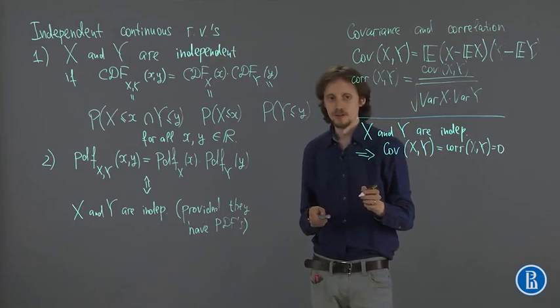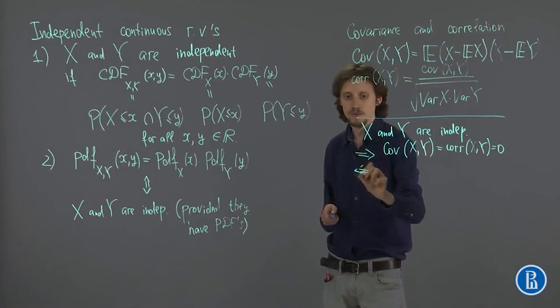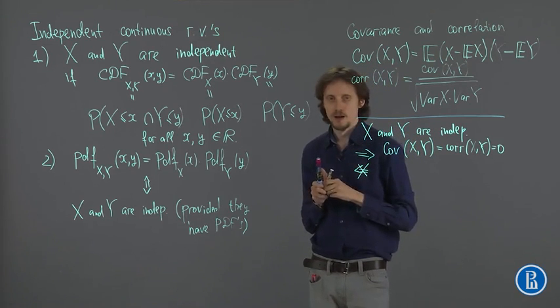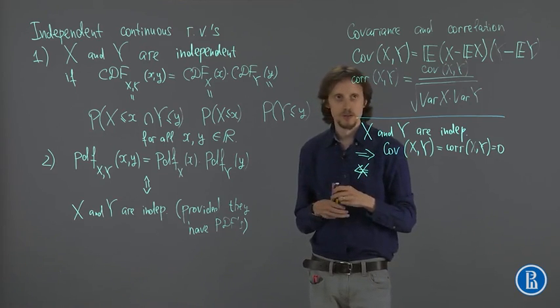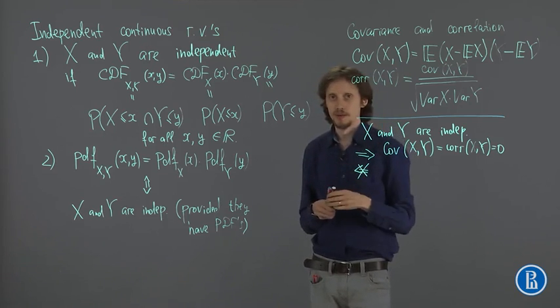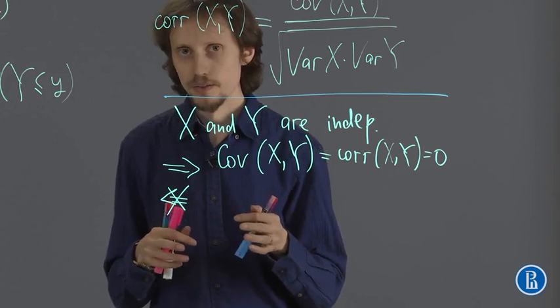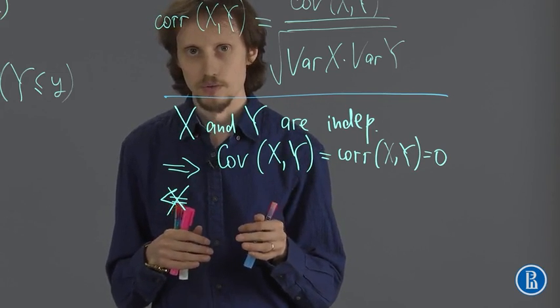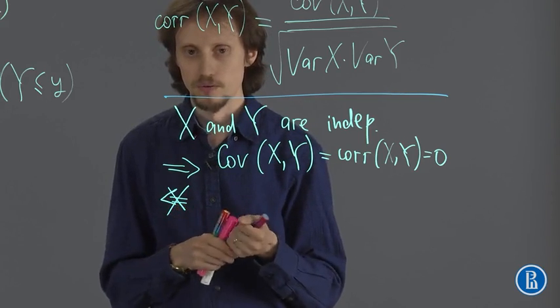Again, like in discrete case, the inverse is not true. Let us now discuss a little bit what does it mean that correlation between x and y equals to 0 or to 1. Again, like in discrete case, covariance is related to the formula that gives us variance of sum of two random variables.